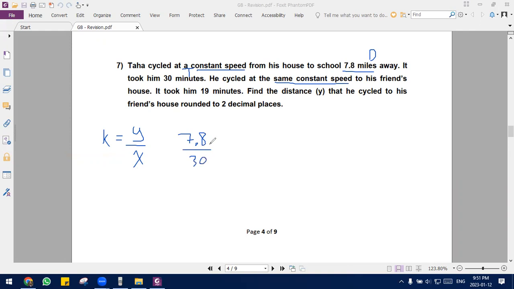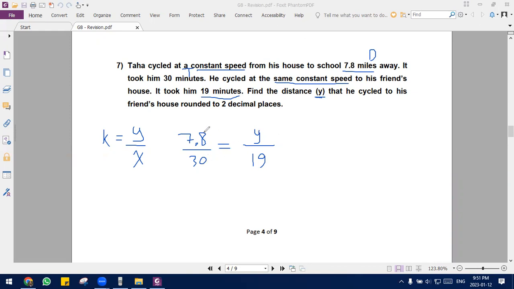And since they said same constant speed, it means they are equal. Like k, the constant, is equal. Now we place the other information. We know that it's 19 minutes. This is the time in the denominator. But they said to find y, the distance. So y here is unknown. We need to find its value.